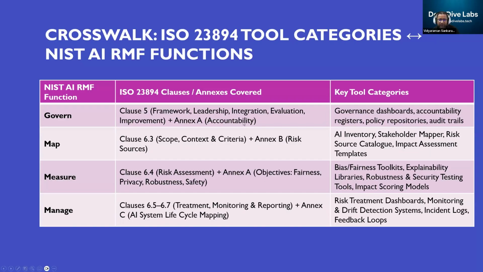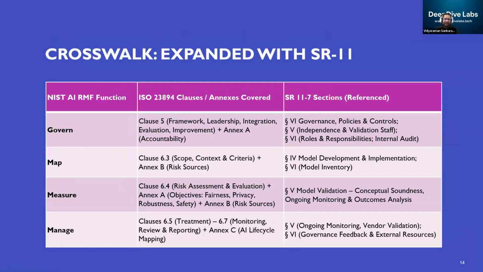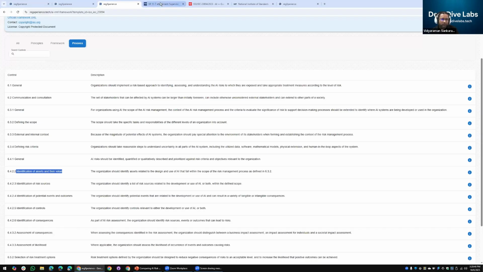So moving on now, we talked about the crosswalk from 23894 to AI RMF. Let's now expand it to SR11 here. So SR11, as we very briefly talked about, let's actually go back so that we have a good context on what SR11 is, and then we will be able to understand what it means to have a mapping here.